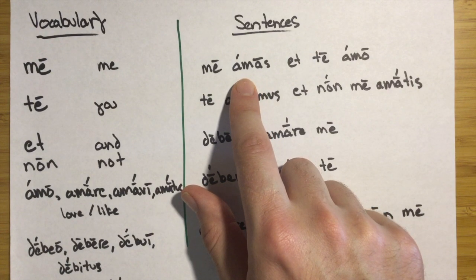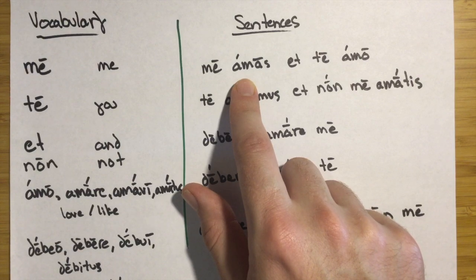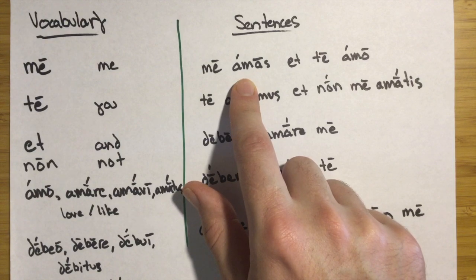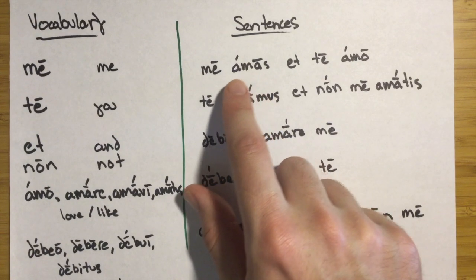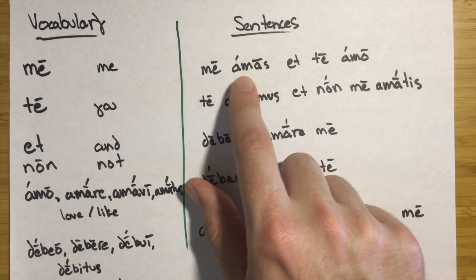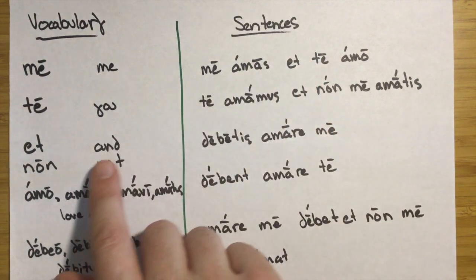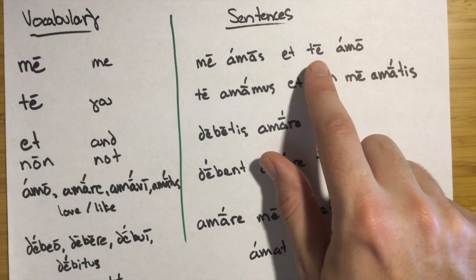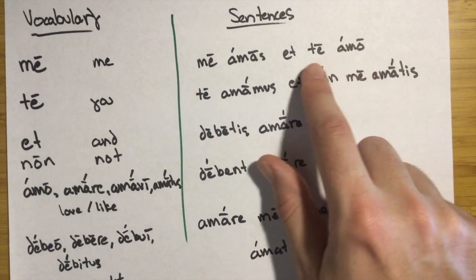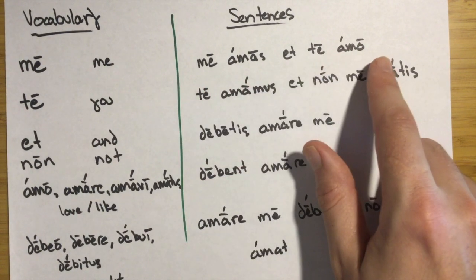If you remember your pronouns, that means the listener, and there's one of them. So the subject of this verb is you, one person. So you love me, et, and te amo, you I love. So I love you. So you love me, and I love you.